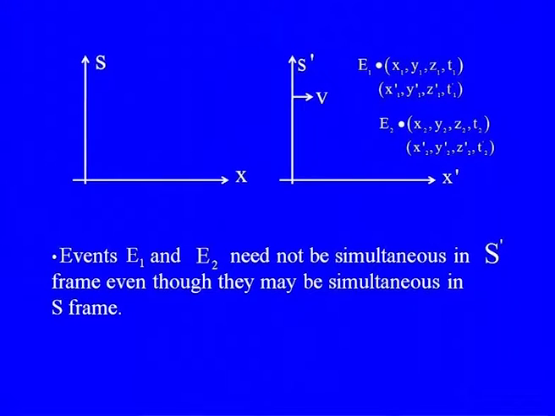In other words, to be more precise, the events E1 and E2, although they may be simultaneous in one frame of reference, need not be simultaneous in another inertial frame.